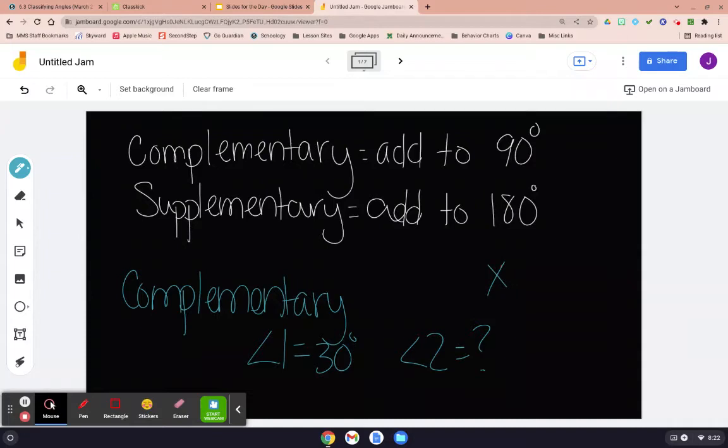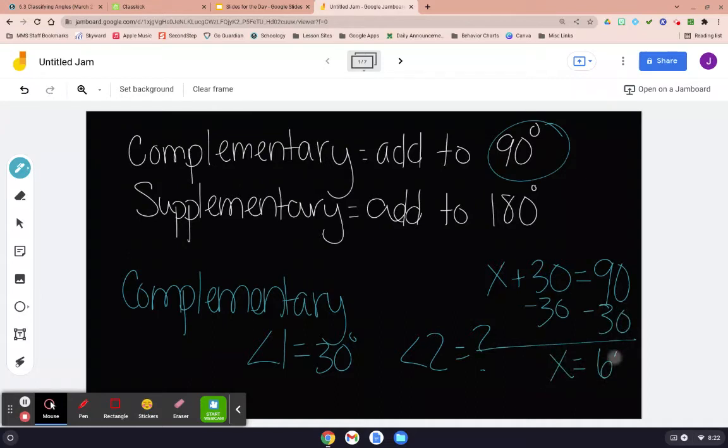Well, we don't know what one of them is, plus the other angle is 30. Since they are complementary, they're going to be equal to 90. So we would subtract 30 from 90 degrees. So the second angle would equal 60 degrees.